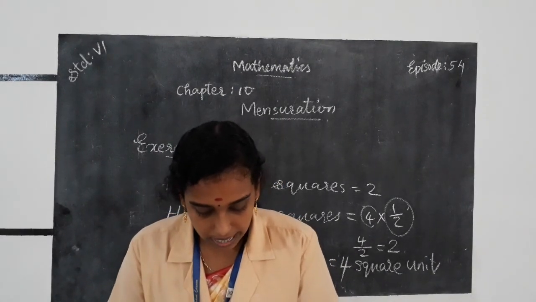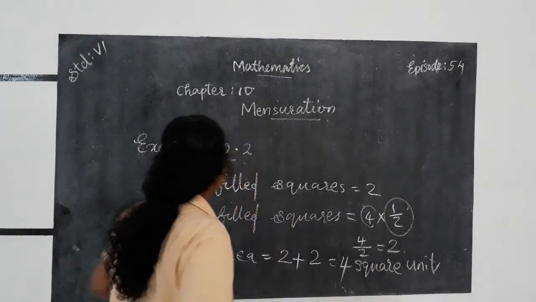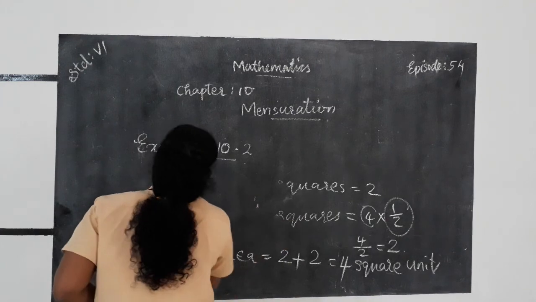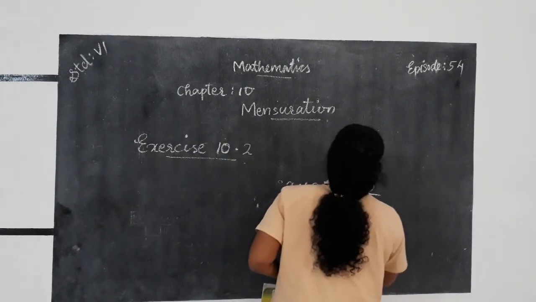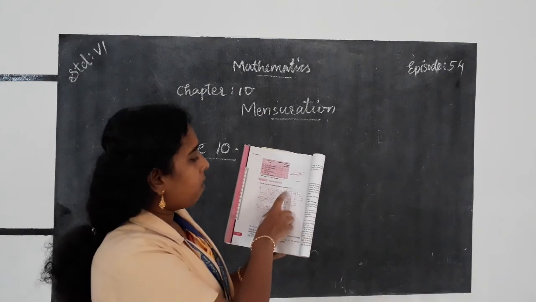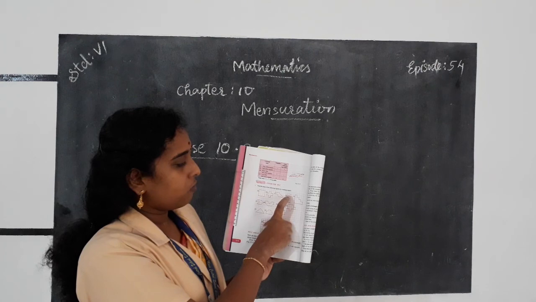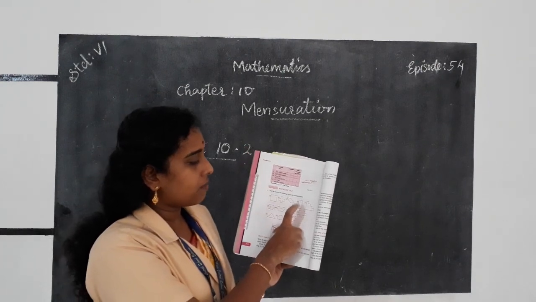Then the next question, it's a rectangle. In this figure, all the squares are fully filled. 1, 2, 3, 4, 5, 6, 7, 8.